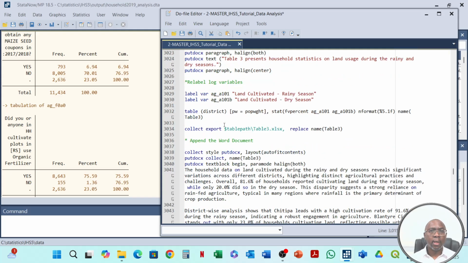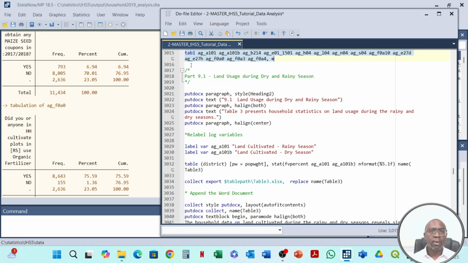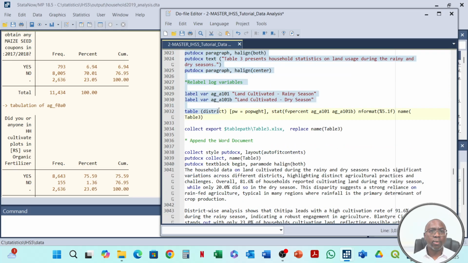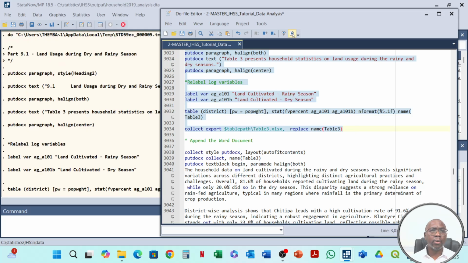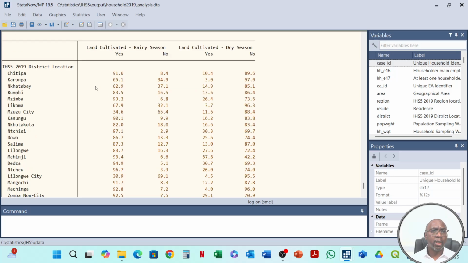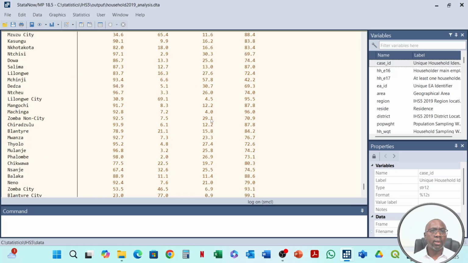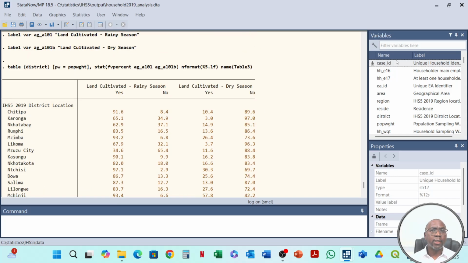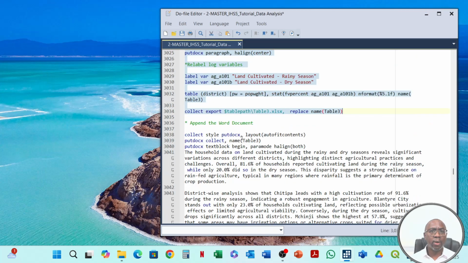All right, and then if we run this, we'll see that, and also export the table. You see that pretty much there are many in the districts that use the land during the rainy season, but few who cultivate it during the dry season. Okay, and that's a good table that we can also append to our Word document.